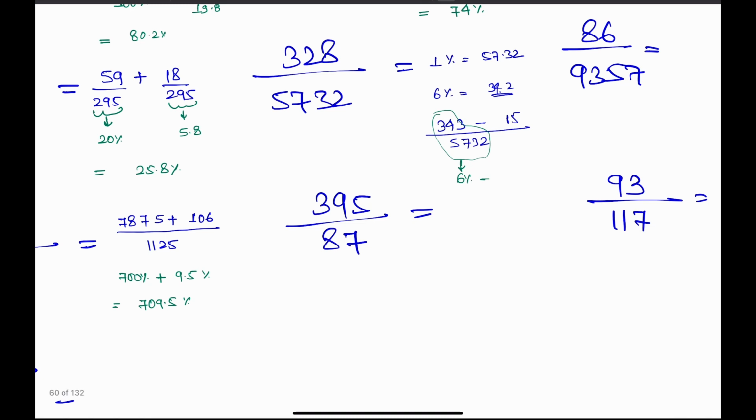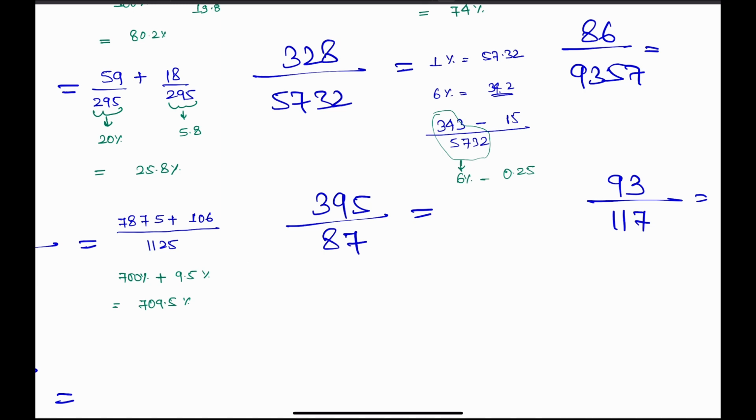Now even 1% is 57, 0.1% is approximately 6, so it will be something like 0.25. 2 is 12, and half of 6 is 3, so it will be 15.